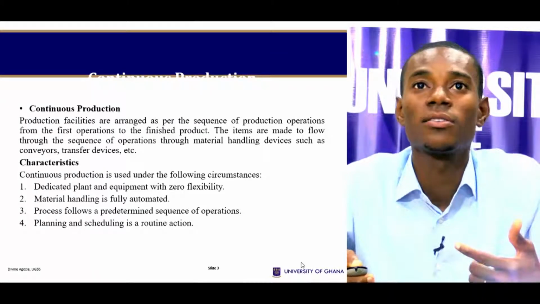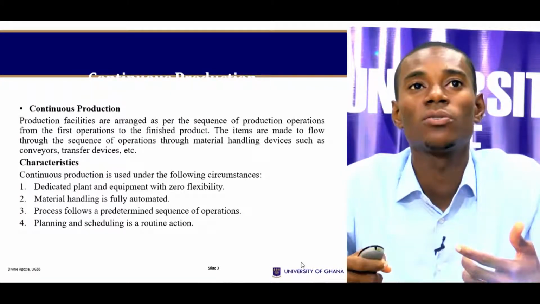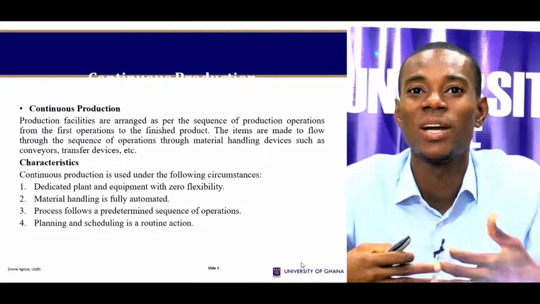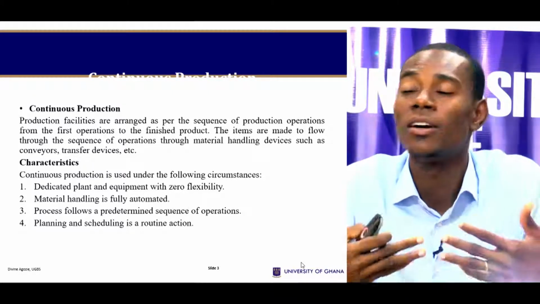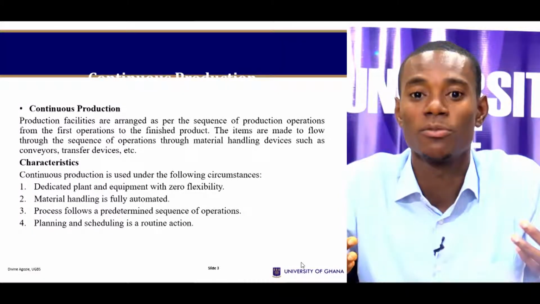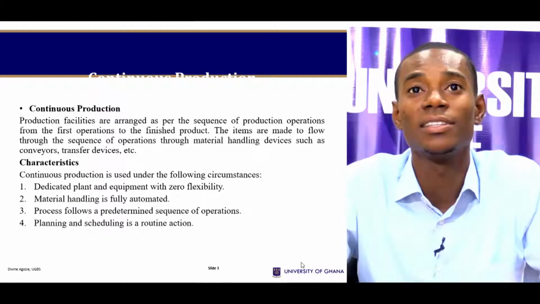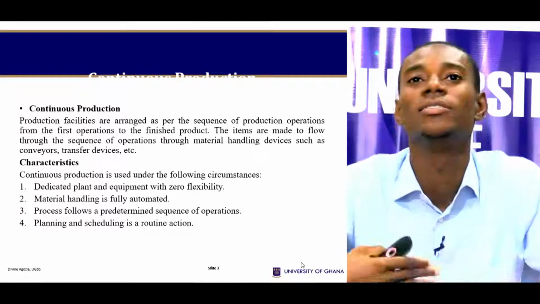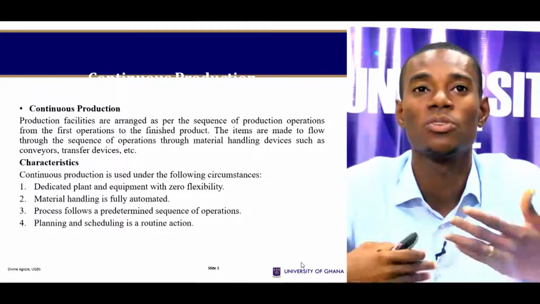Now, the next one is continuous production. When we talk of continuous production, we are looking at the kind of production run that is seemingly unending. If probably it would take a whole week for a production run, let's say 7 days, once the process kickstarts, it doesn't stop until the entire period is up. And so we say production is continuous.